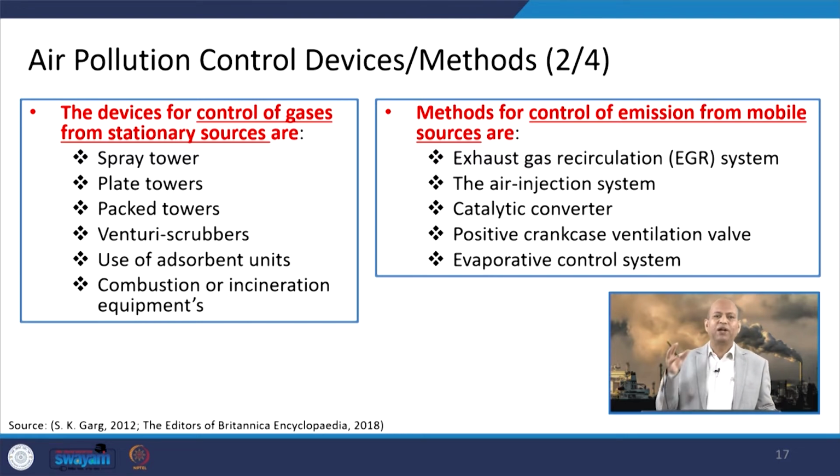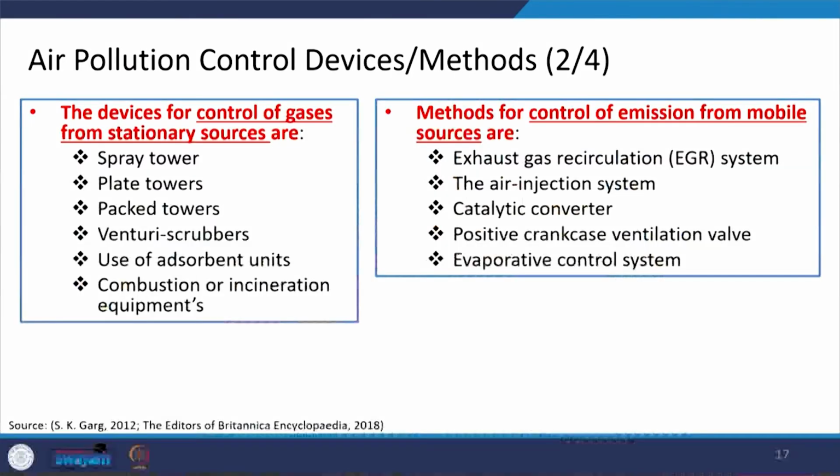or use of adsorbent units or combustion or incineration equipment is also good, but it is expensive because you need calorific value and also electricity and fire. And although it is good because it converts the pollutants into CO2 and complete combustion is possible, there are issues.